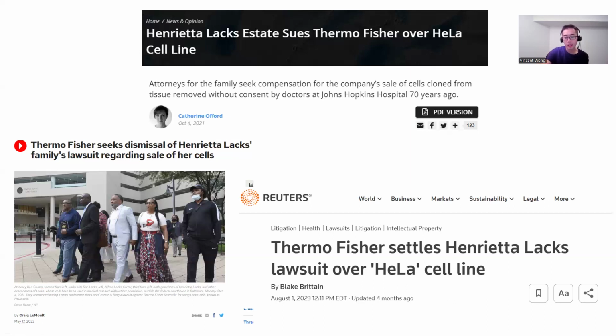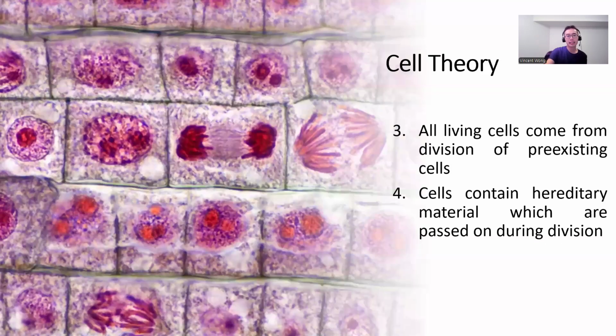So we were talking about the 4 parts of the cell theory, right? Number 1, living things are made up of 1 or more cells. Number 2, each cell is individually alive, even though they're part of a living organism. And the next part of the cell theory is that all living cells come from division of pre-existing cells. Right? To get more cells, you have to start with a cell.